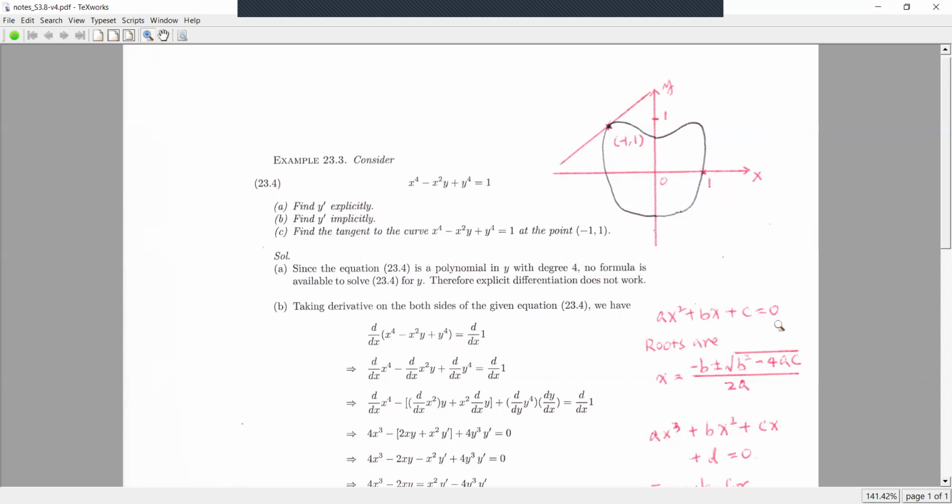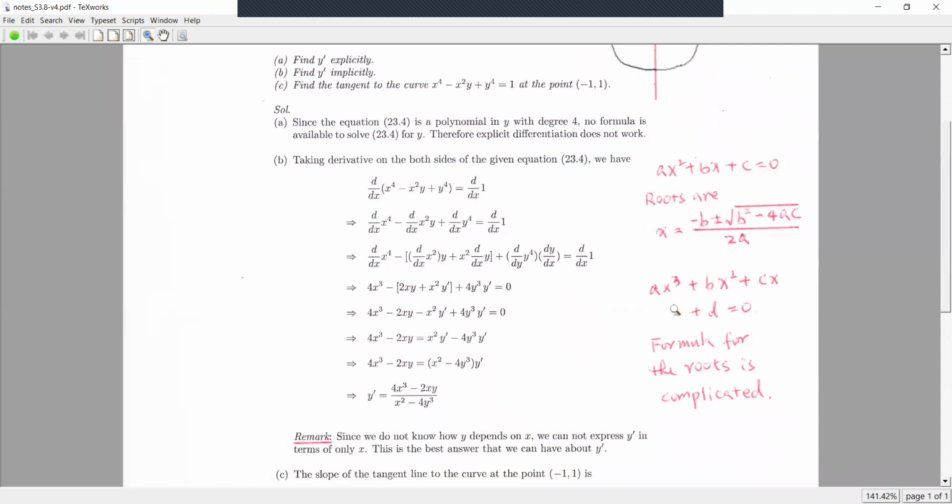If the polynomial is degree 2, we have a quadratic formula to find the roots of this equation. If the degree is 3, we also have a formula to find the roots. The formula is very complicated, but when the degree is 4 or higher, no formula is available for the roots.